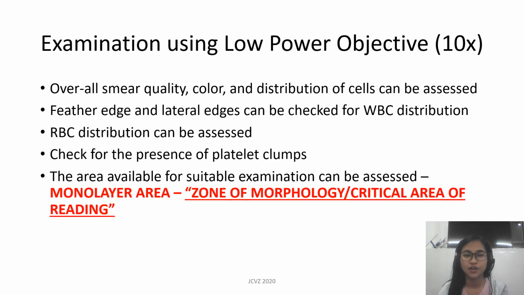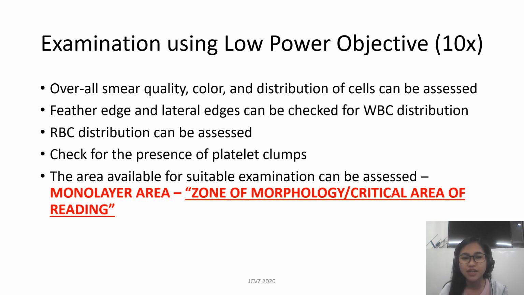When we examine our slide under the microscope using the low power objective, we can get an idea of the distribution of our cells in the peripheral blood smear. So the overall smear quality, color, and distribution of cells can be assessed under your low power objective, which has a 10 times magnification.